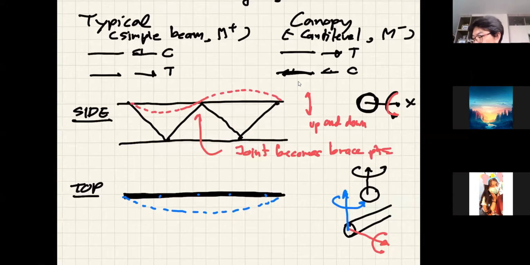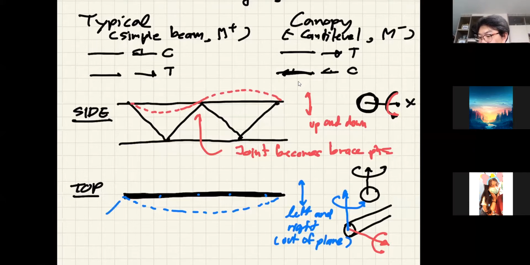So your truss can move, say, left and right, out of plane. Okay, so what would be the brace point then?